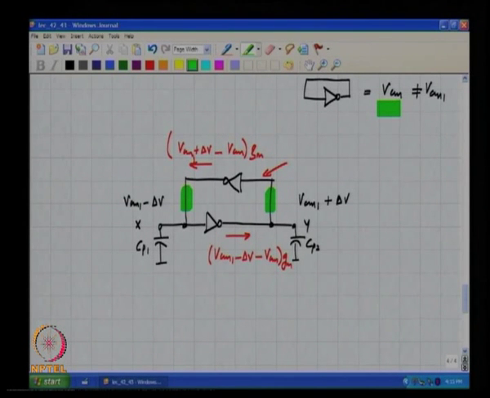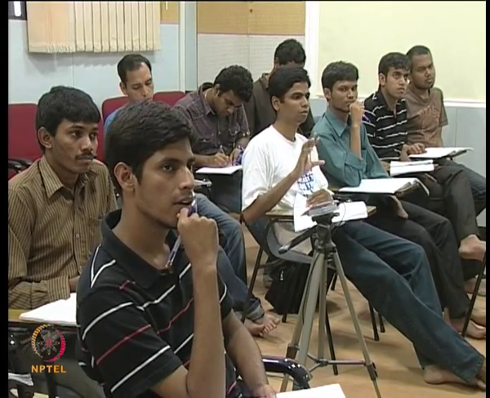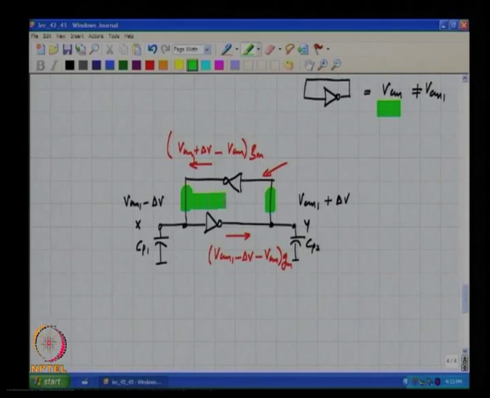And what is the common mode equivalent circuit? Twice the inverter with inputs and outputs shorted, so we find the common mode response.